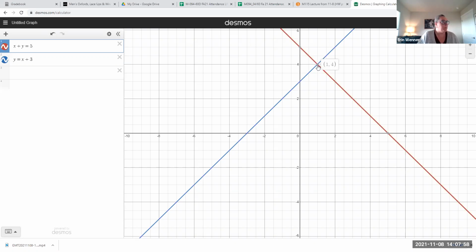So let's go back to our notebook page and look at the next page. So number 2, we have y equals 2x minus 5. Again, really nice. We've already isolated one of our variables.